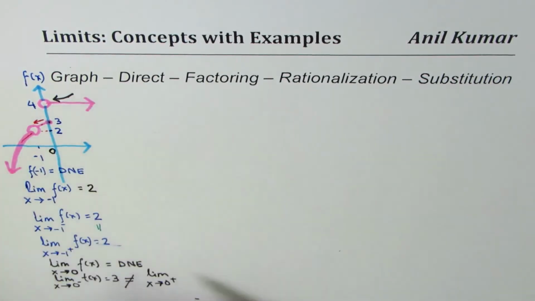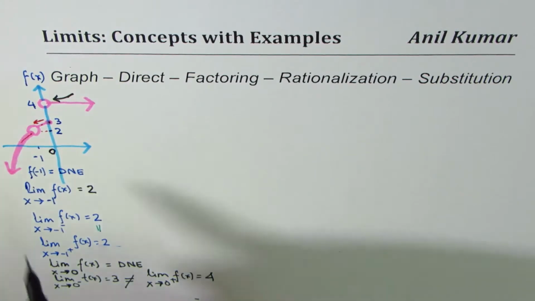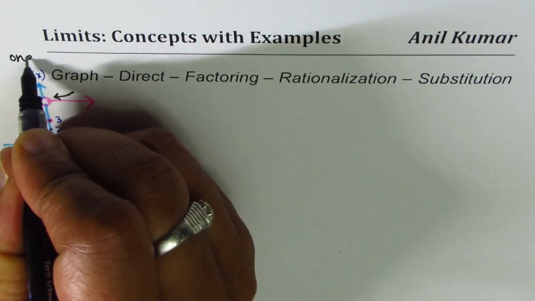When you approach from right side, the limit of this function is 4 and they are not equal. Therefore, the limit does not exist at 0, right? So with this example, you have also learned one-side limits, right? So we have also covered one-side limits.